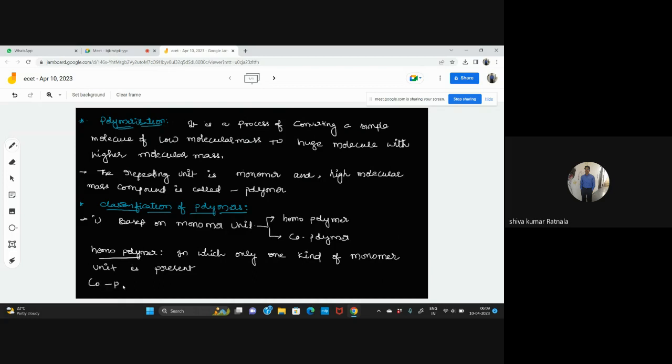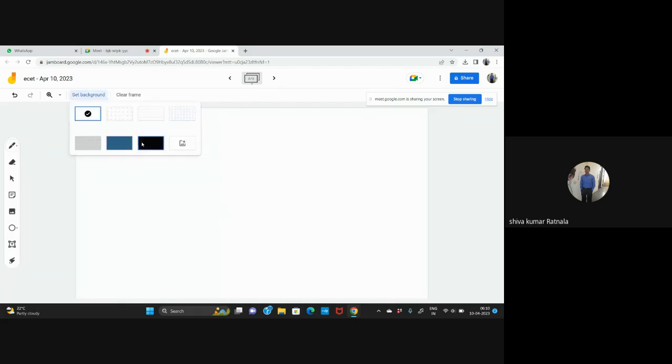Whereas copolymer ఎలా డిఫైన్ చేయొచ్చు అంటే in which more than one kind of monomer is present. Okay, more than one kind of monomer ఉన్నది.